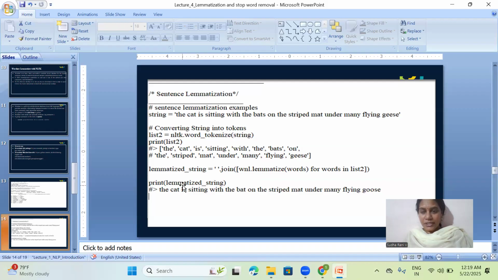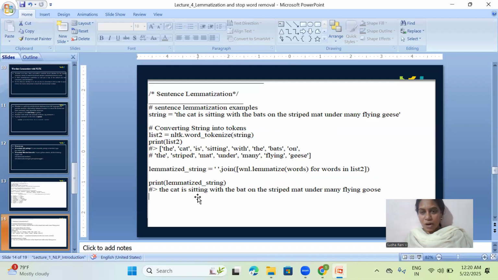Now, after applying tokenization, let us do the lemmatization. The lemmatized string equals the join of the lemmatized word for each word in list 2. In list 1 we took the sentence, and in list 2 we are taking the tokenized words. Then the lemmatized string we got is: the cat is sitting with the bat. Now you can see the difference between the input and the output.